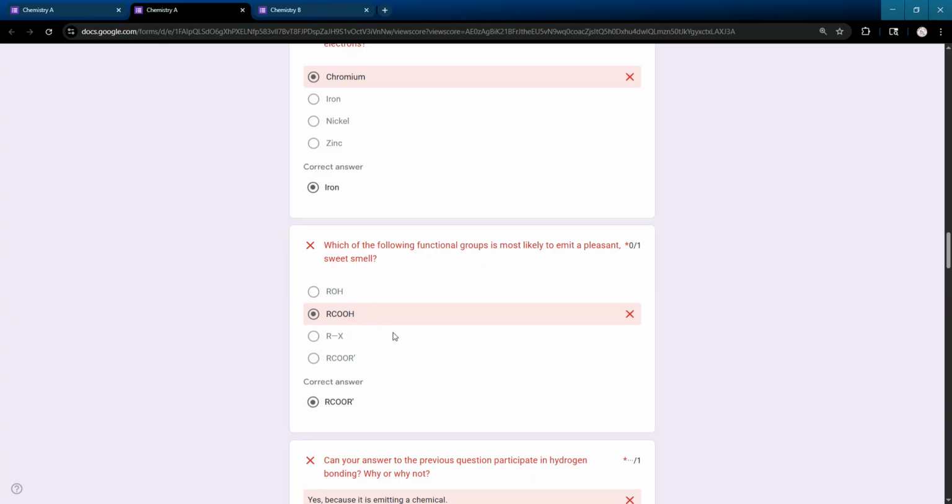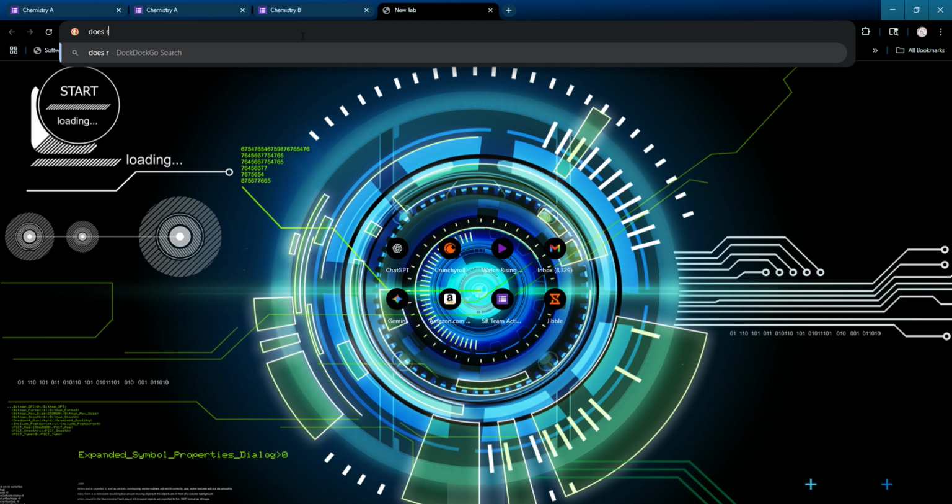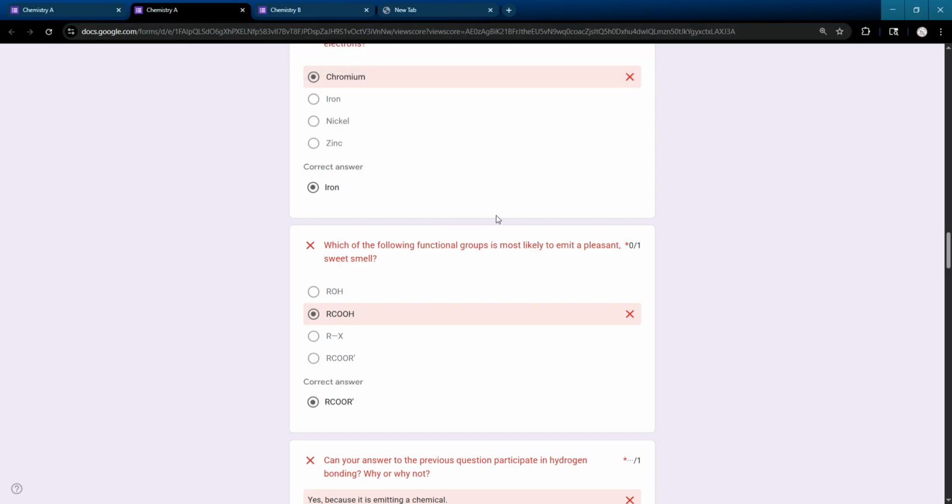Let's look up if esters emit any smell. Oh. Emit a sweet smell.